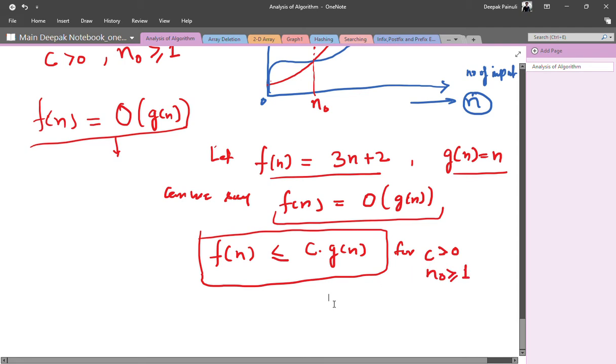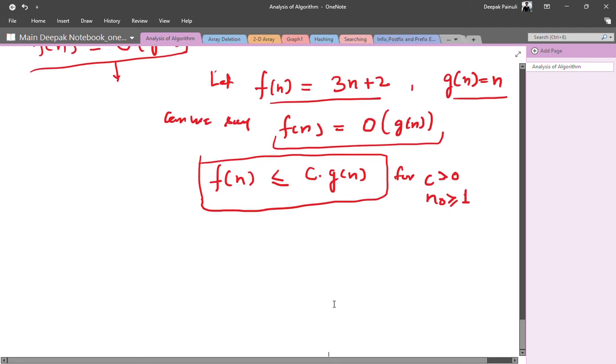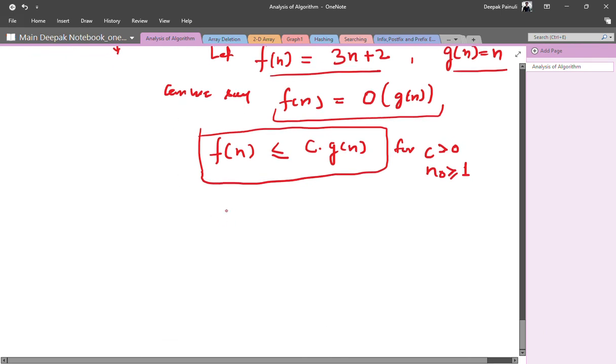Now put your values in this. Our fn, 3n plus 2, should be less than or equal to c, and gn is our n. See here, gn is our n, which we assumed, right?